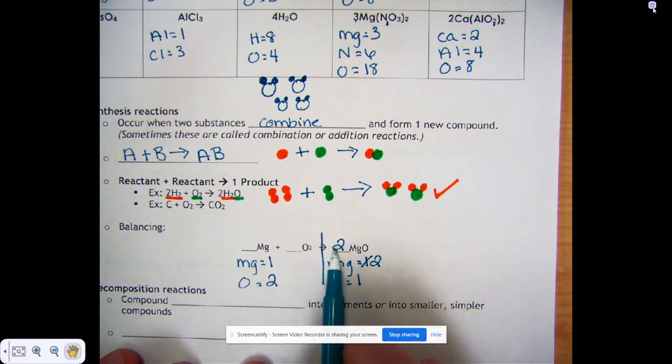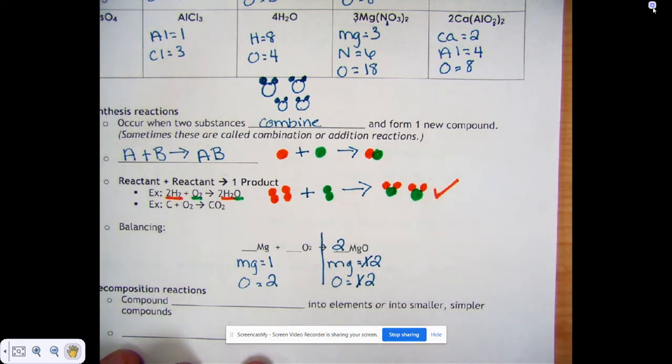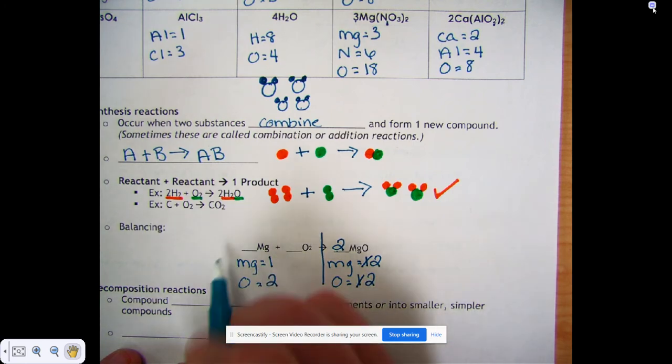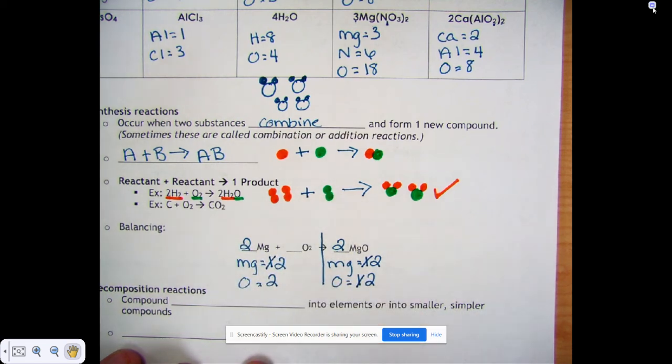All right, and then 2 times the 1 that is here, that is 2. Well, is it balanced now? No, it's definitely not balanced now. Okay, I would come back over here and have to balance my magnesiums. And all I do is put a 2. And now it is balanced. And it doesn't matter if all of these match, the magnesium has to match the magnesium.